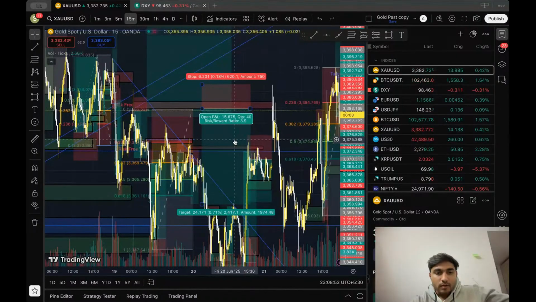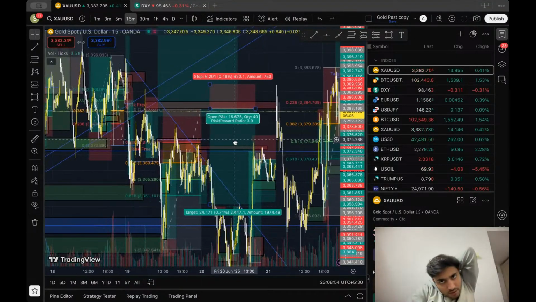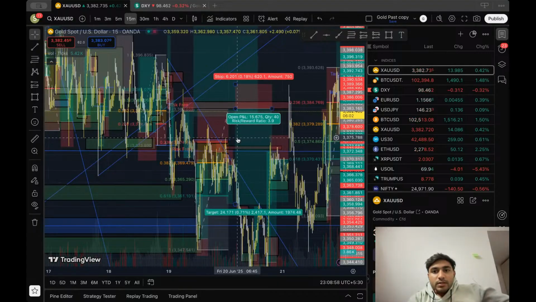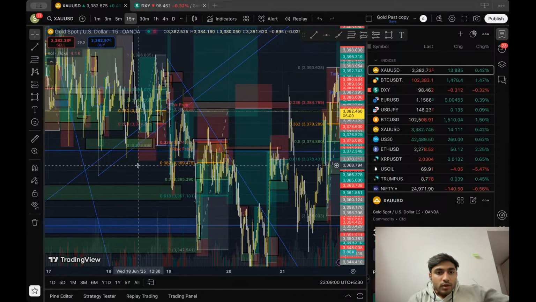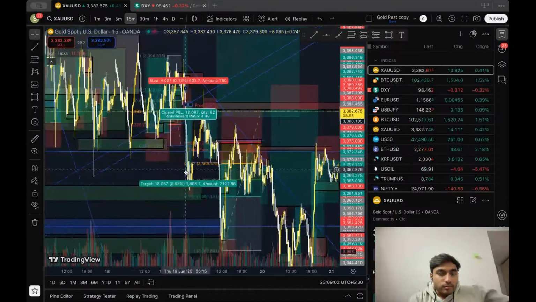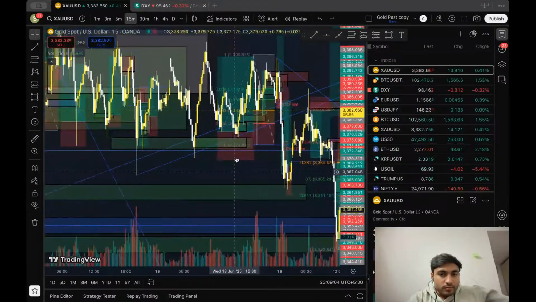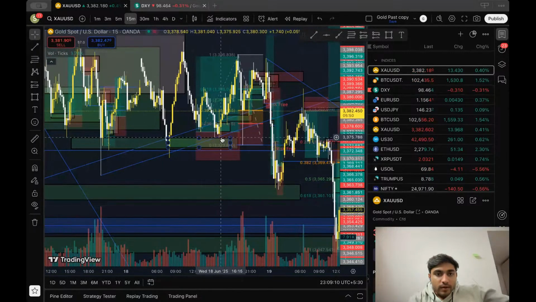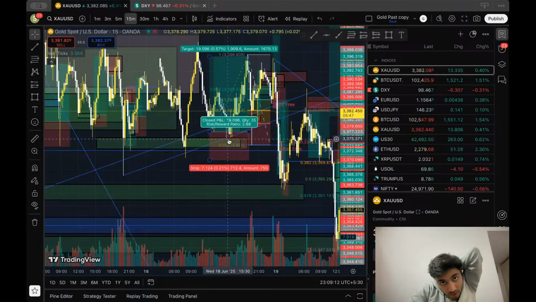Was it resistance or was it support? I remember it to be a resistance. To support, sorry. Yeah, this is the one I think, which we took a trade on. The 75 level, this is what I'm talking about.